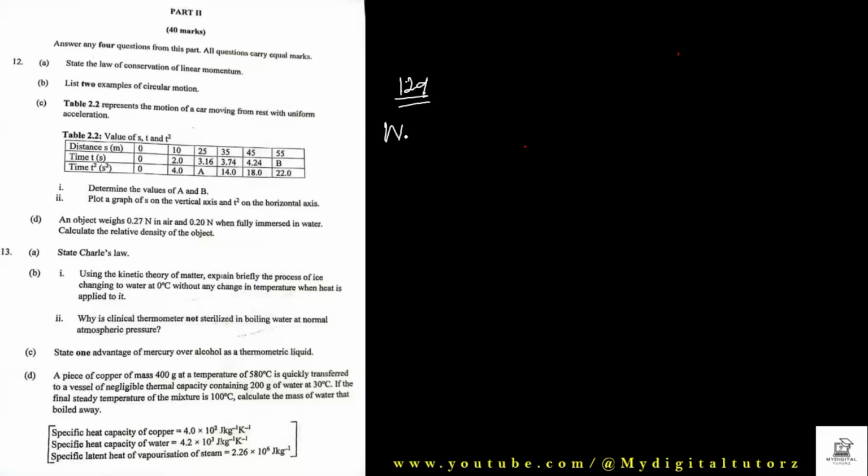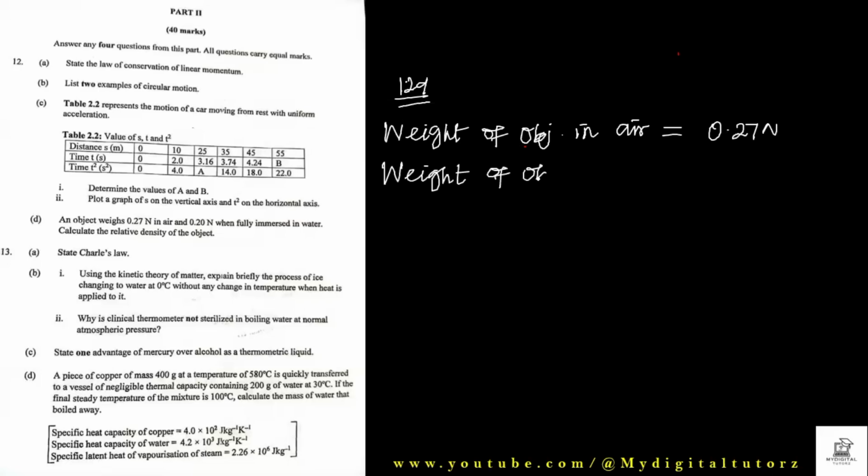So the weight of object in air is equal to 0.27 Newton, and 0.20 Newton when fully immersed in water. So the weight of object in water is equal to 0.20 Newton.